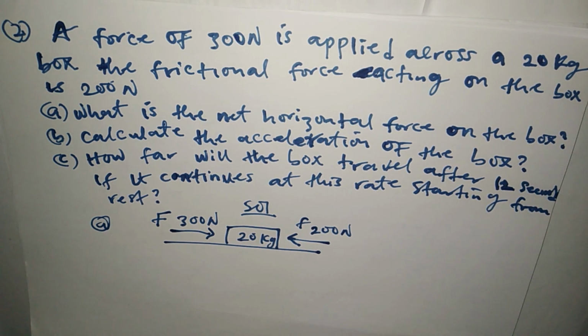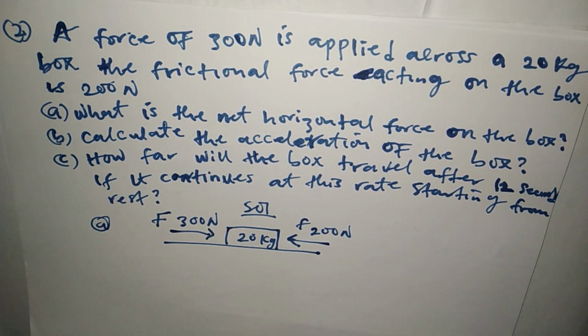Now we are asked, what is the horizontal force on the box? The horizontal force on the box, we have 200 Newton frictional force acting in the opposite direction, trying to stop the box from moving. The force applied across the box is 300. So we have 300 minus 200.